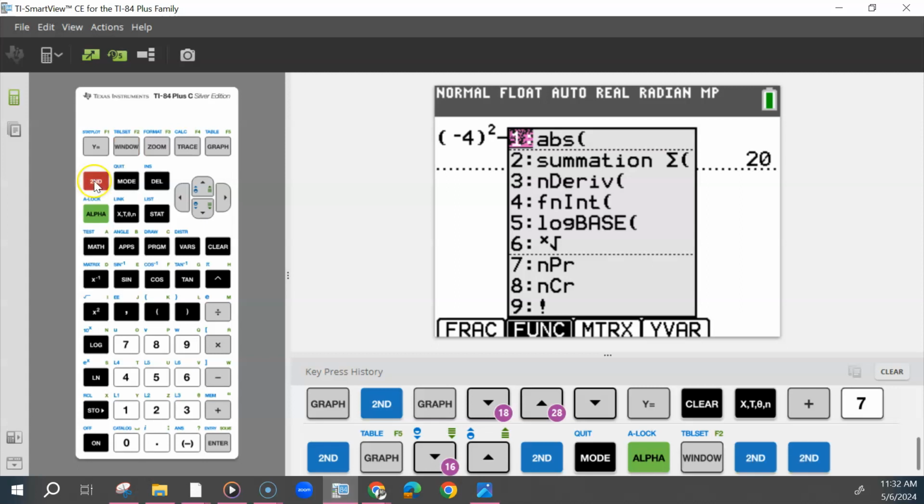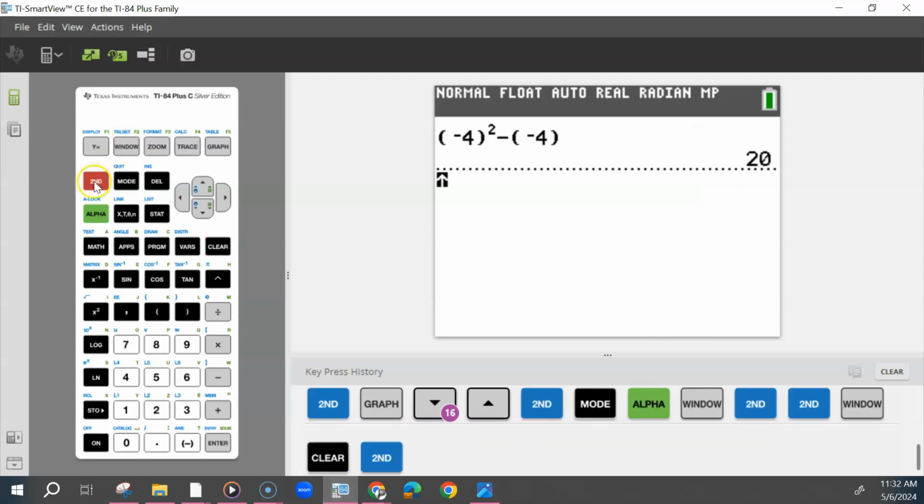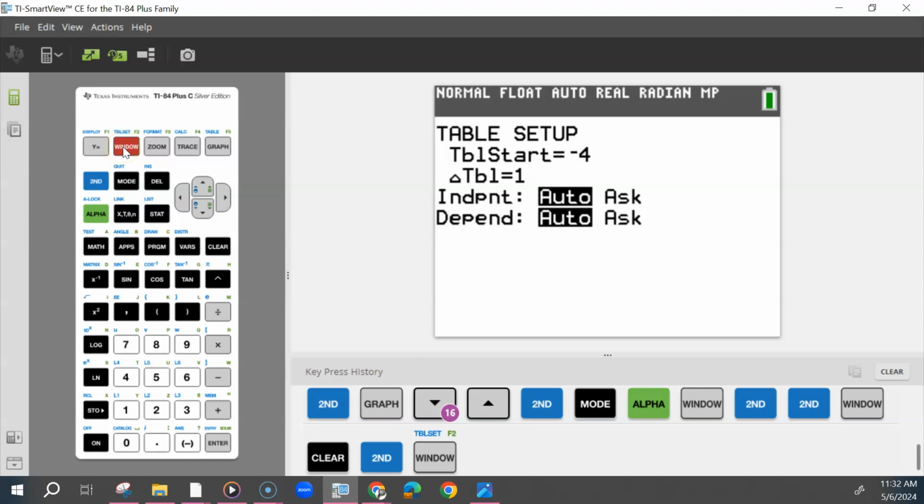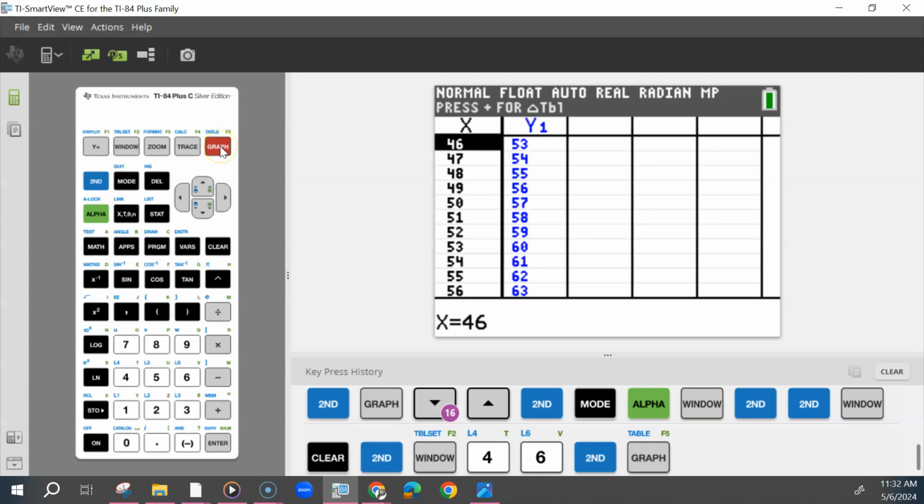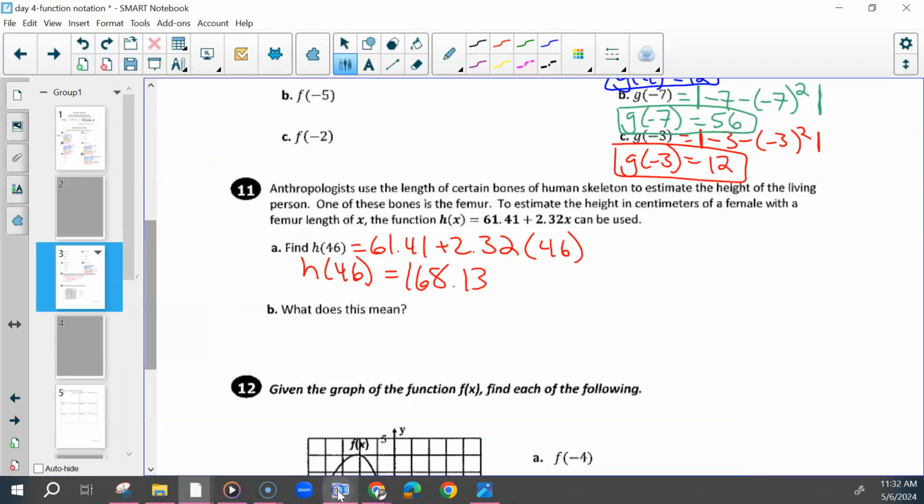If you go into the second window on that, you can change this to start at 46. And then when you go into the table, it'll already be there. In Desmos, you would just type in 46 and then you have your answer.